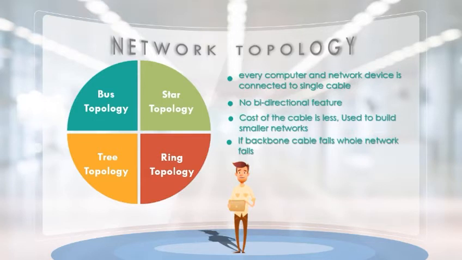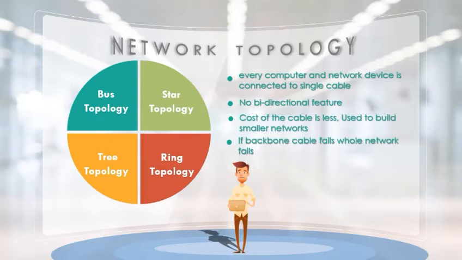One advantage is that the cost of the cable is less, since a smaller amount of cable is required, and it is used to build smaller networks. The main disadvantage is that if the backbone cable fails, then the whole network will fail.